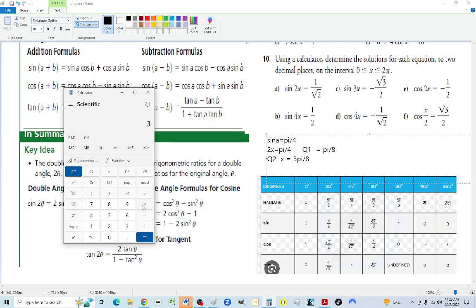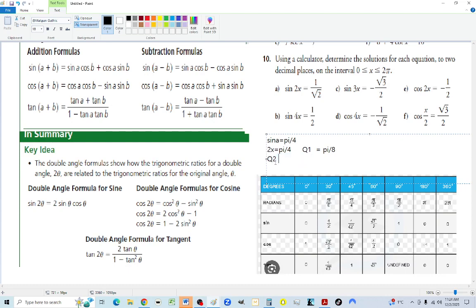If I take 3 pi divided by 8 and take the sine of it, and then is that 1 over square root of 2? No, it isn't. So let's try that again.